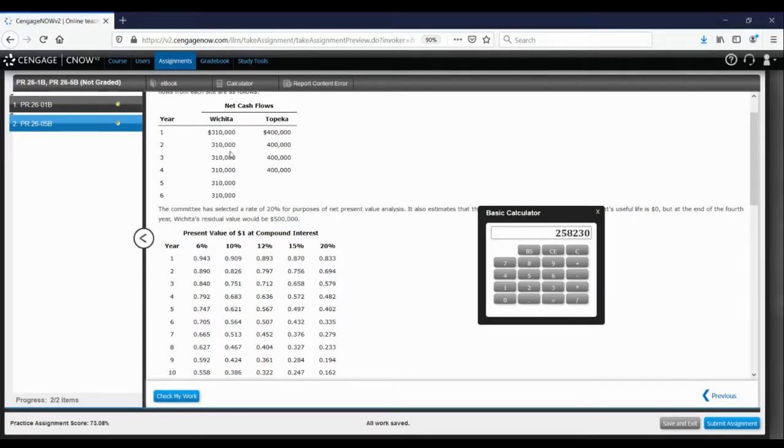You're going to do the same thing for year 2, except the 310,000 would be multiplied by year 2's table value amount, which is 0.694.